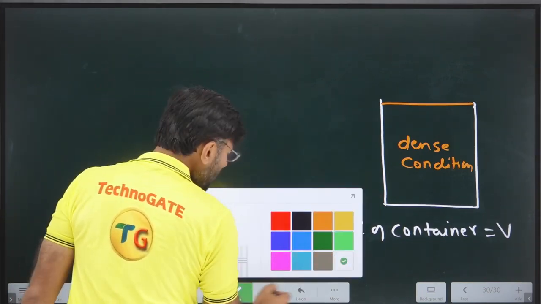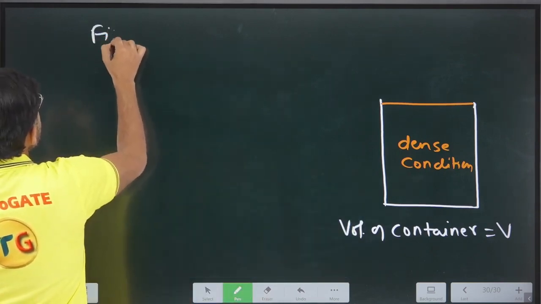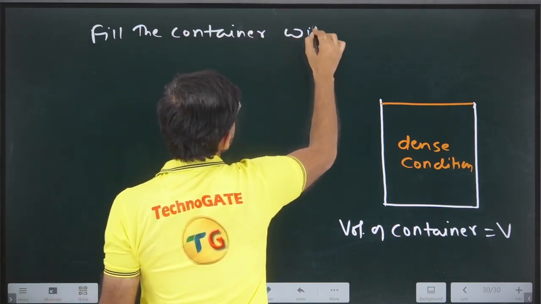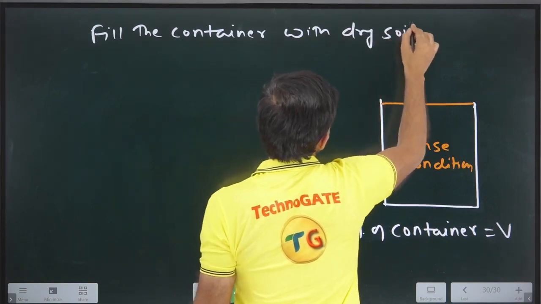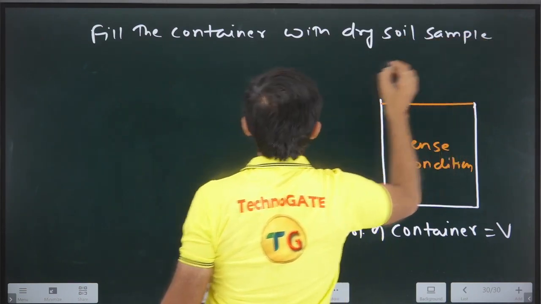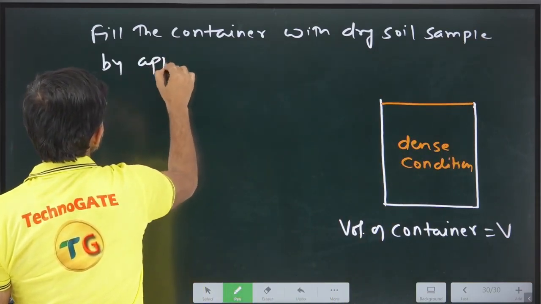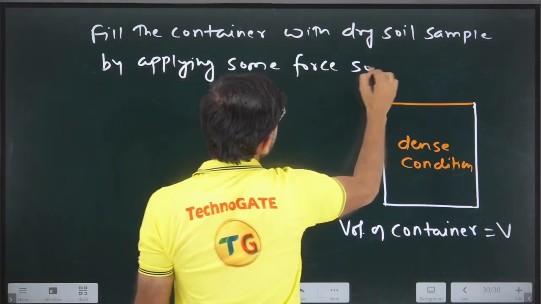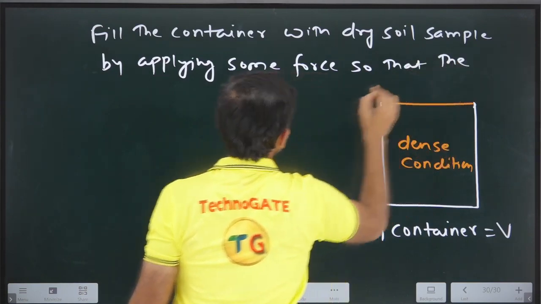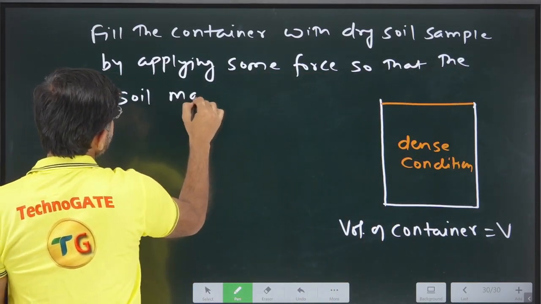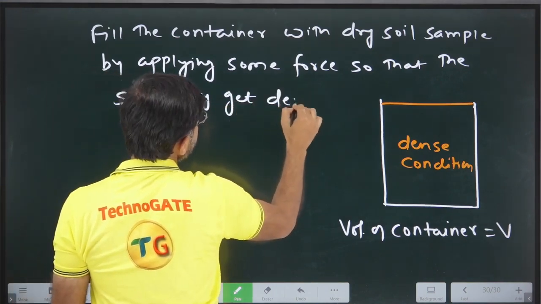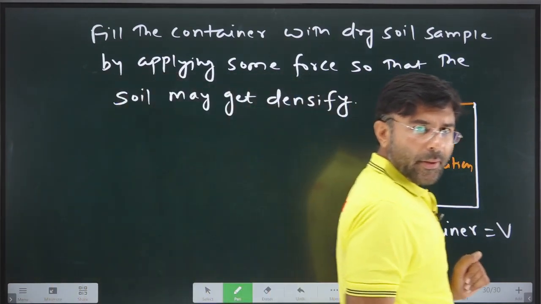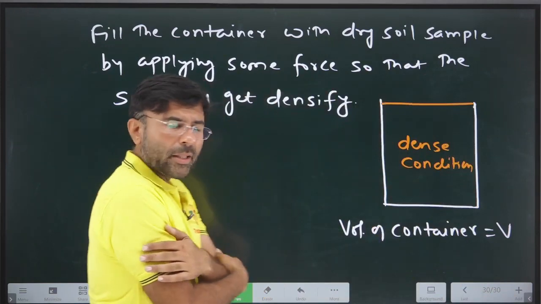Again, I will fill the container with dry soil sample by applying some force so that the soil gets densified. Again I will calculate the weight of the soil which was filled in this container.